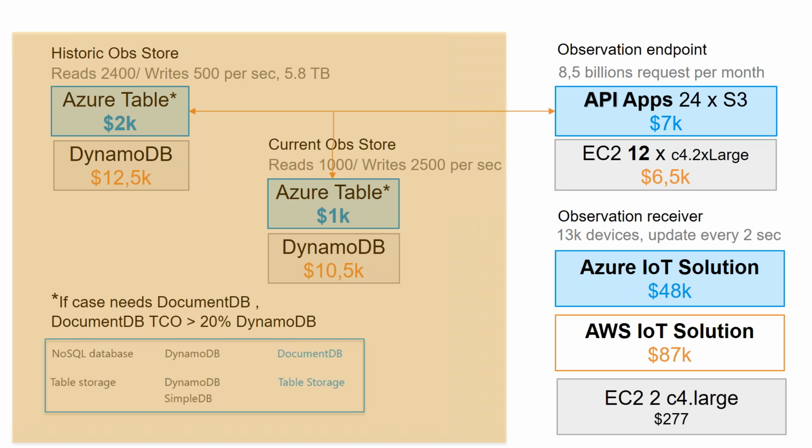If you want to compare DynamoDB to Azure, it's more of a document DB. Azure Table is more like SimpleDB in AWS terms.